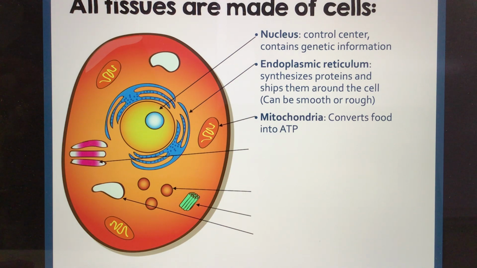Mitochondria, right, converts the food into ATP, right? So different proteins. It converts that food into the proteins that spread it out throughout the cell.